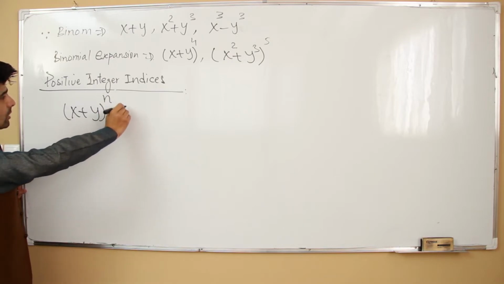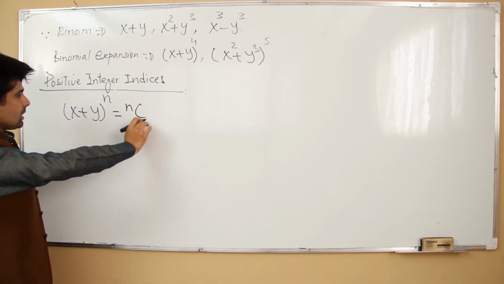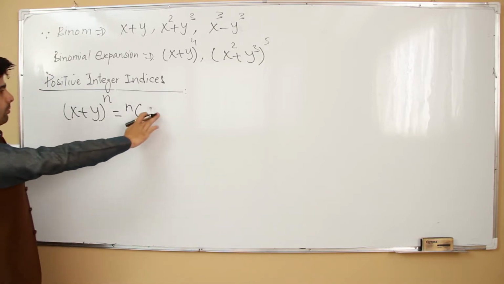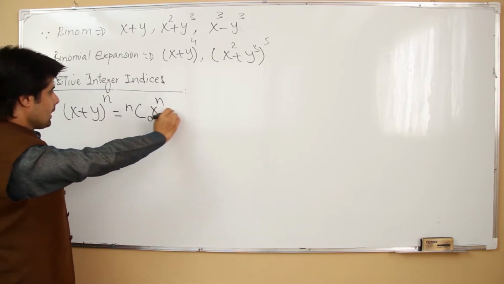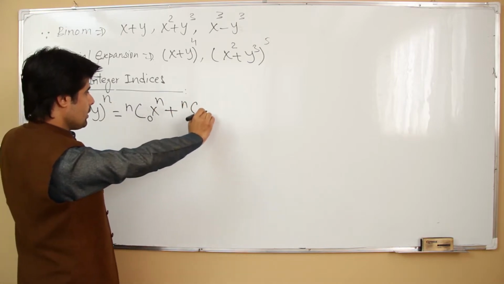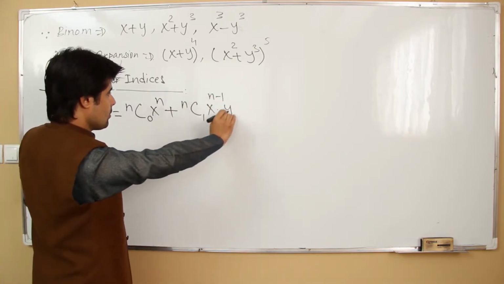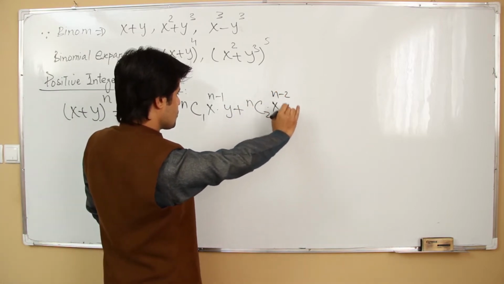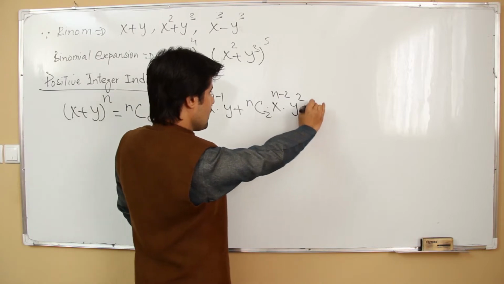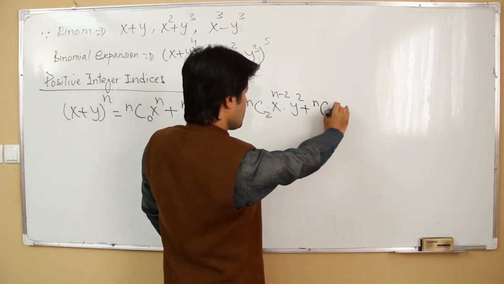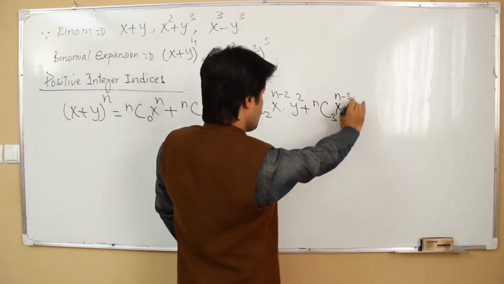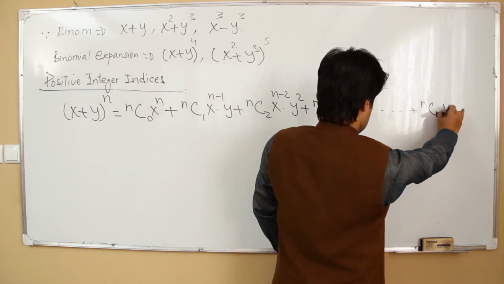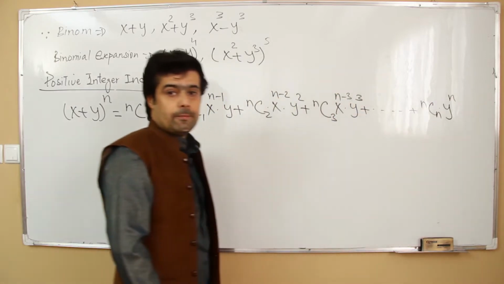Now you can use this formula: nC0 x to the power n, plus nC1 x to the power n minus 1 y, plus nC2 x to the power n minus 2 y to the power 2, plus nC3 x to the power n minus 3 y to the power 3, up to nCn y to the power n.